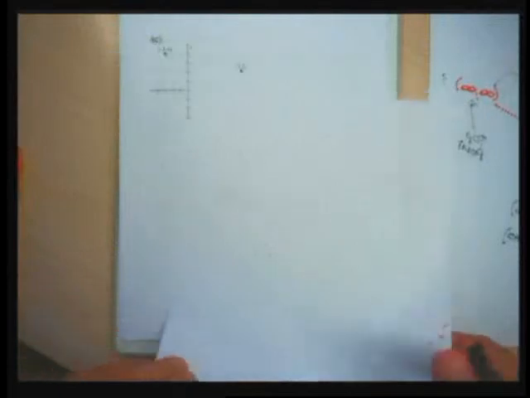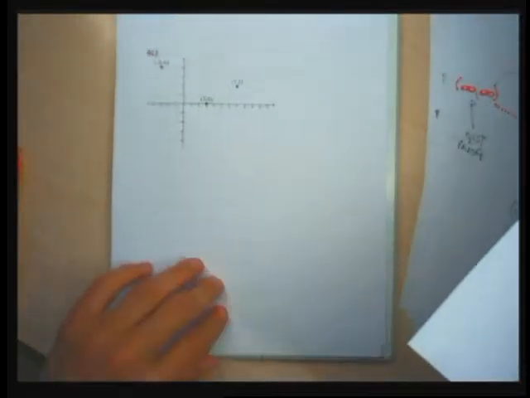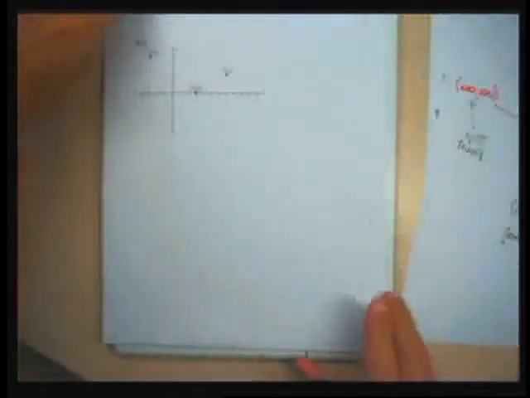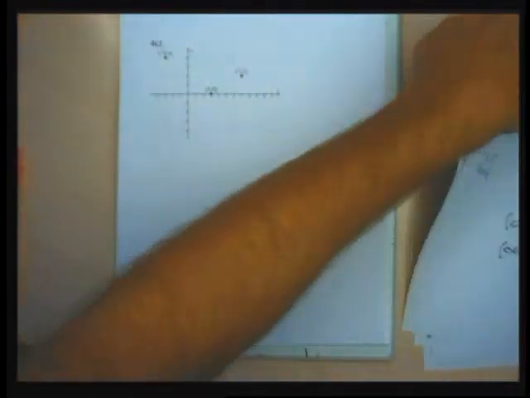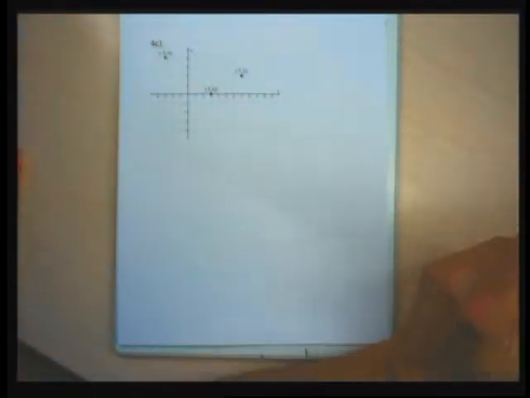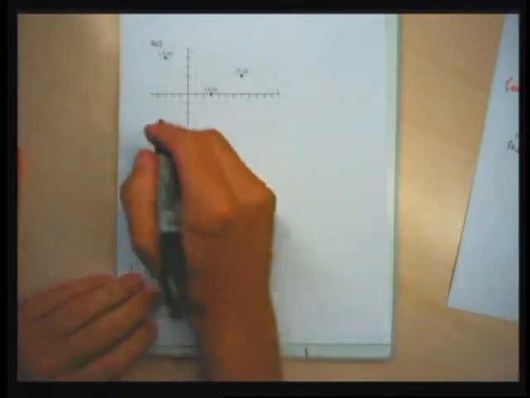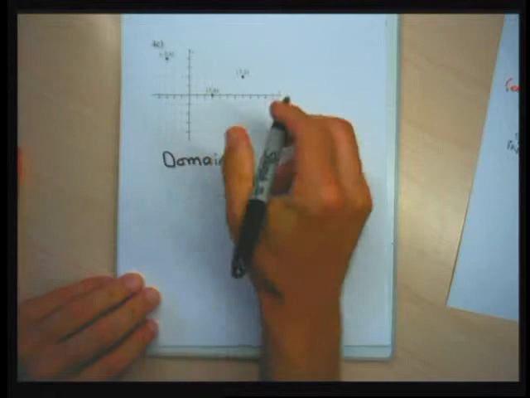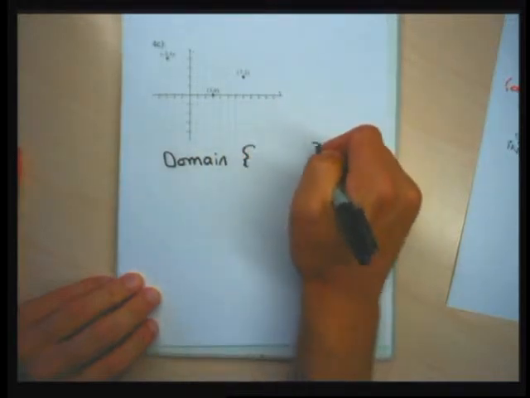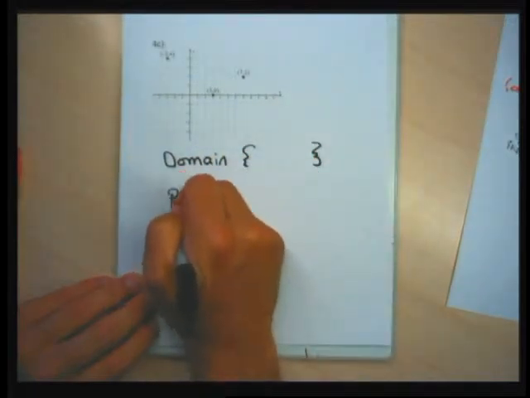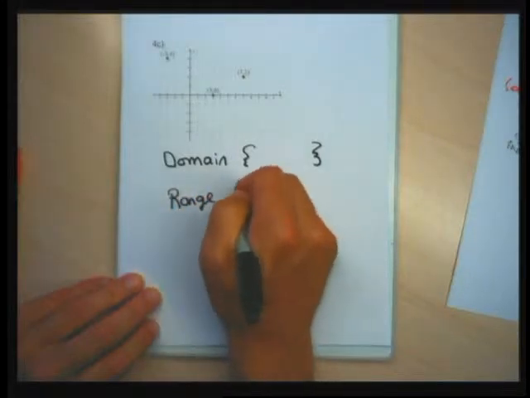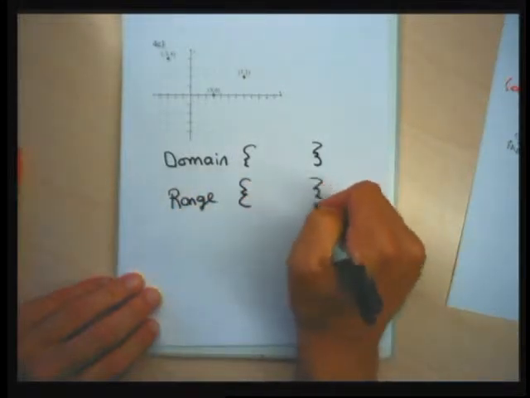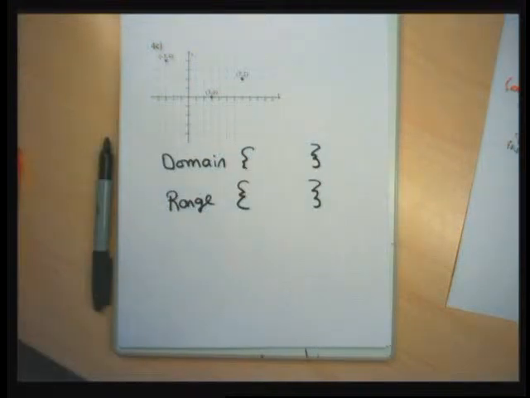In 4C, because the points aren't connected, it would be wrong to connect the points. You leave them unconnected, and for the domain, you just take the x-coordinate of each point, and for the range, you take the y-coordinate of each point. So when I go to do 4C, I know that my domain and my range are going to be in the squiggly set brackets. That happens anytime you're given a graph that has distinct points that aren't connected with some sort of line.